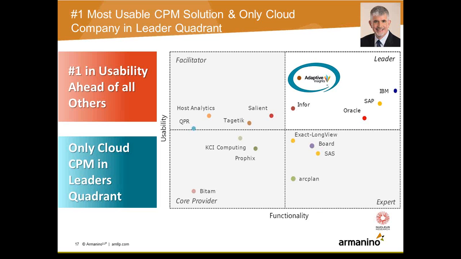With Adaptive, you get almost all the functionality, but much, much greater usability. So that's why Adaptive continues to score very high in all of the related surveys, whether it be Nucleus, Gartner, or whatever the survey may be.